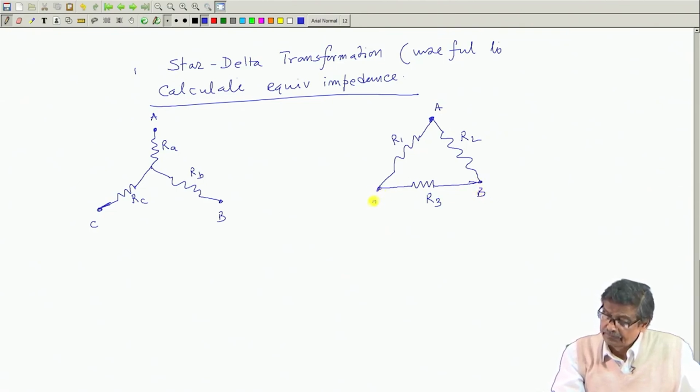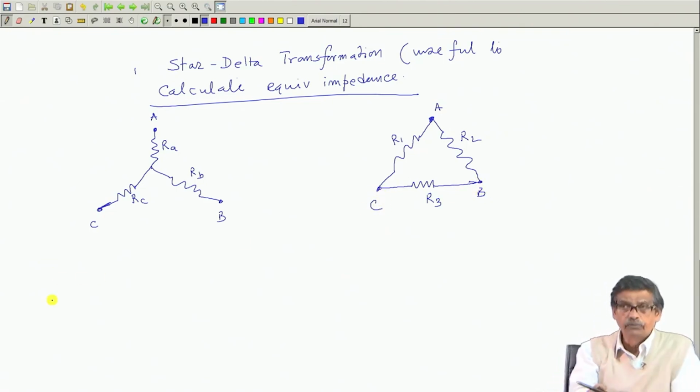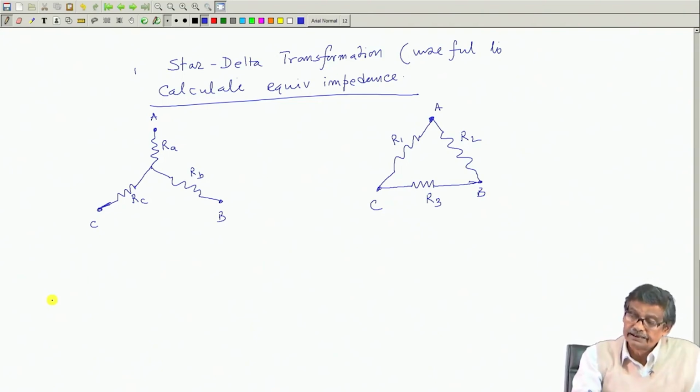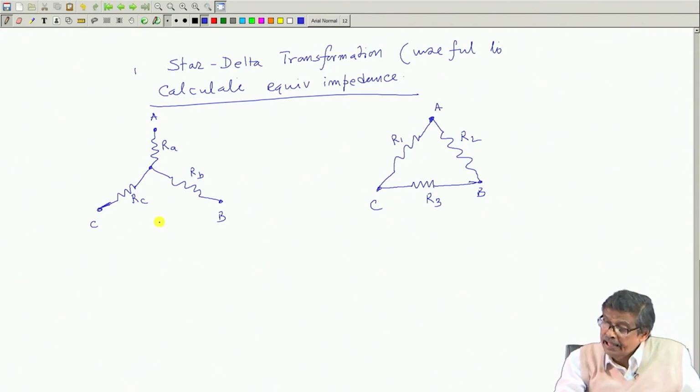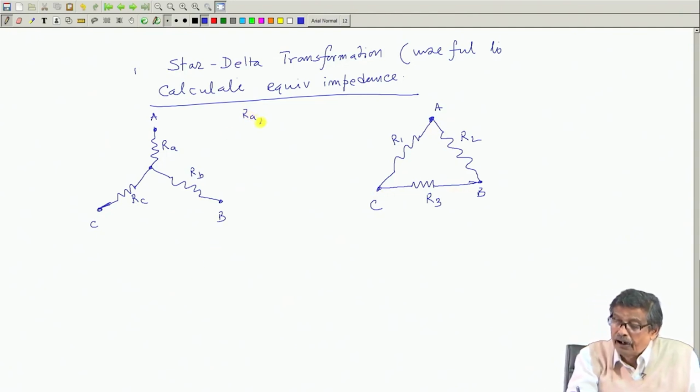In other words, 3 resistances of known values R A, R B, R C are connected in star. Can they be replaced across these 3 points by some delta connected resistances? R A, R B and R C are known.